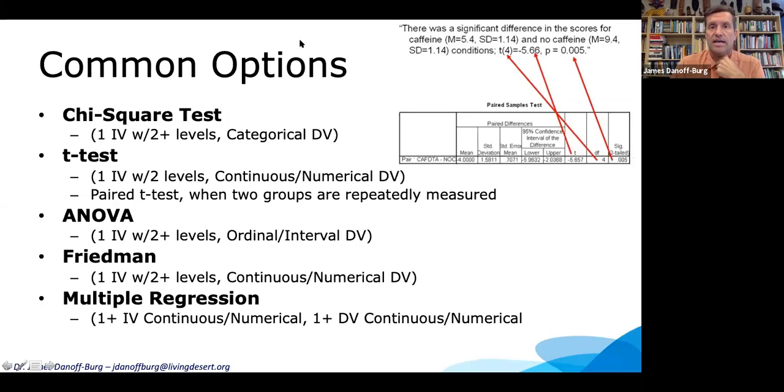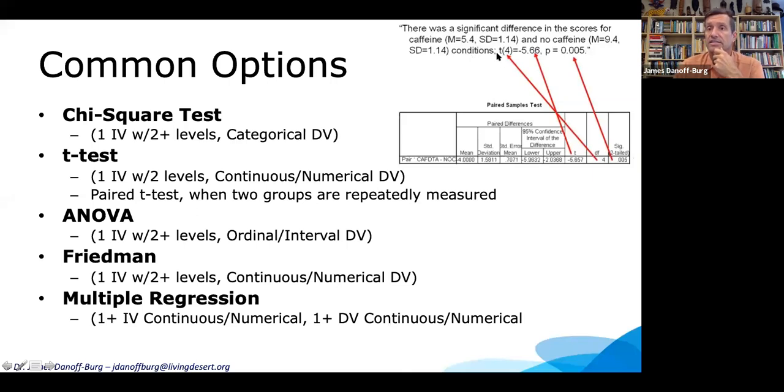And on the top right of the screen, this is an output from a statistical package. This looks like an SPSS program, but the outputs will be very similar to R, as we'll get to in a minute. And this is how you report it. So you can see how they've talked about it on top, that differences in scores for caffeine and no caffeine were significantly different between these conditions.